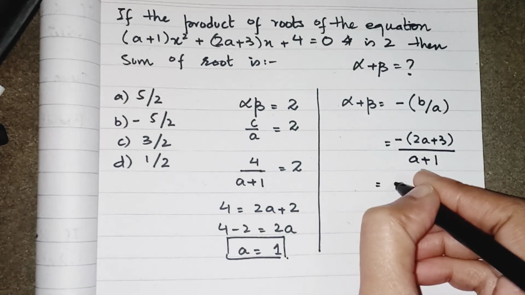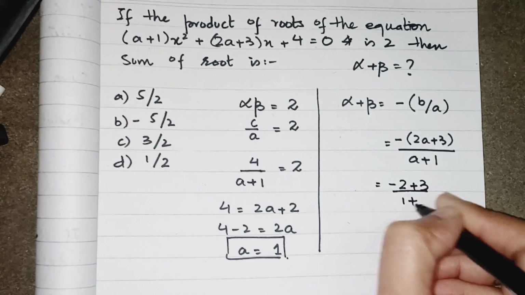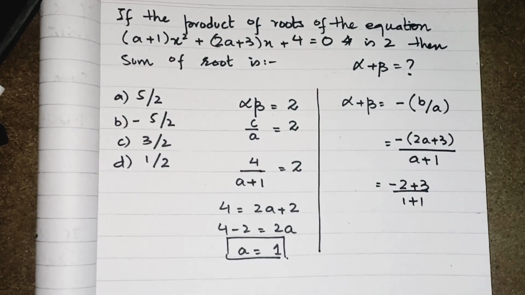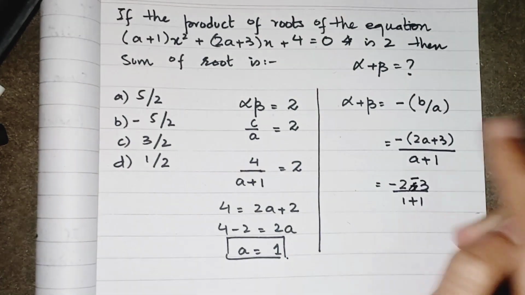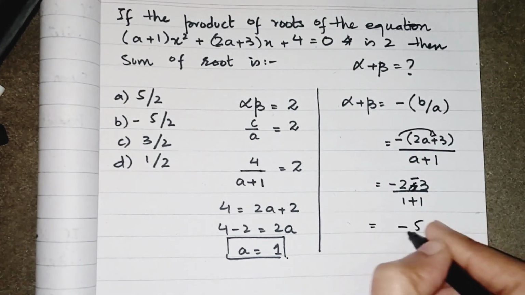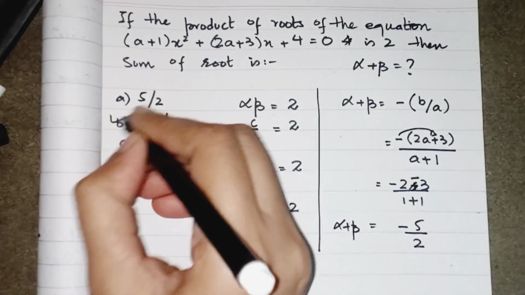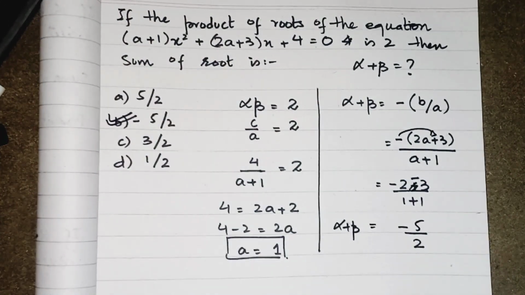So minus (2+3) upon (1+1), which is minus 5 upon 2. So alpha plus beta is minus 5 upon 2, and this one is our answer.